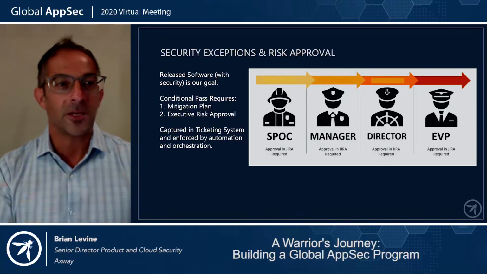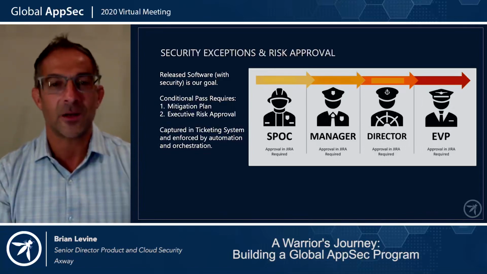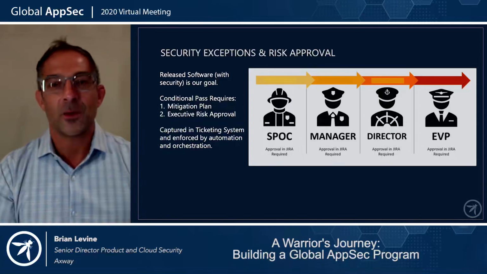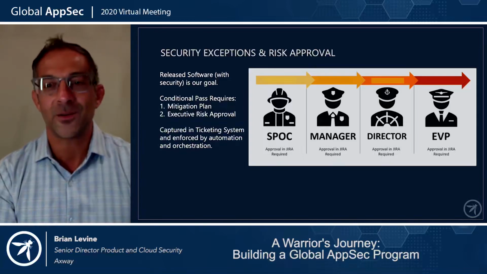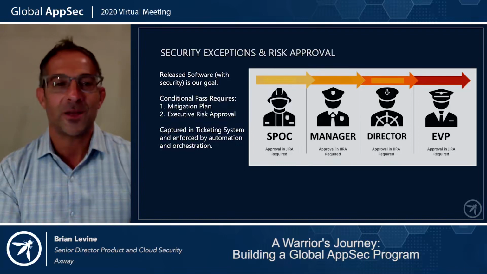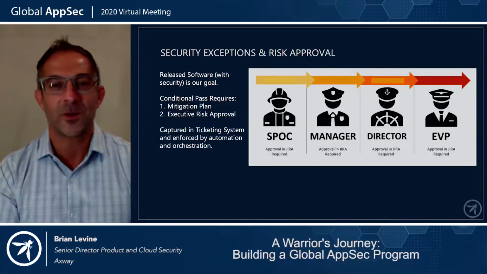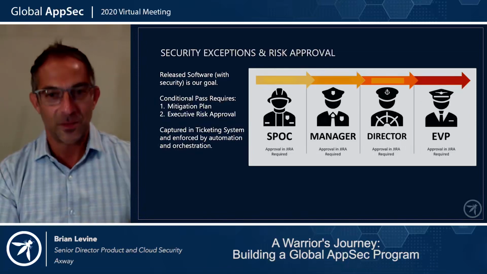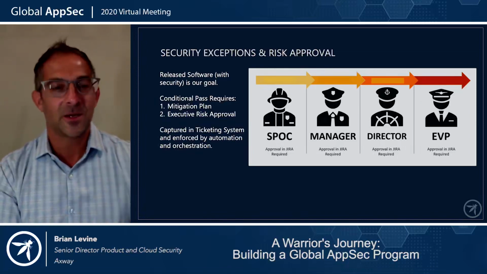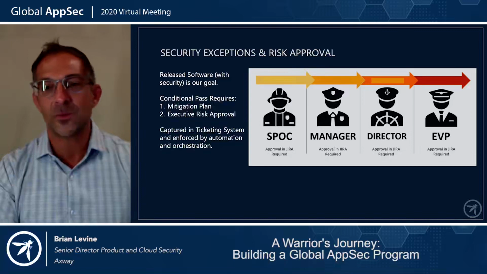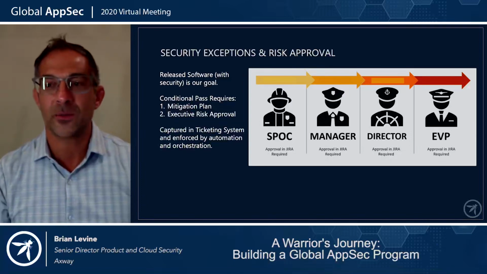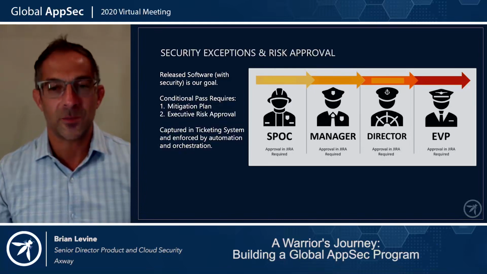Remember, at the end, the goal is to release software and get our valuable products into the customer's hands. We don't live in an ideal world where every engineering project is going to meet every requirement on every release, whether we're talking about quality, feature development, or security tests. Occasionally, you may have a scenario where a product is trying to hit a release target date and needs to move forward.